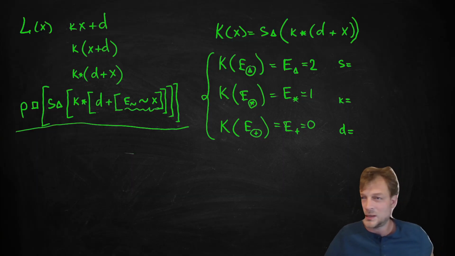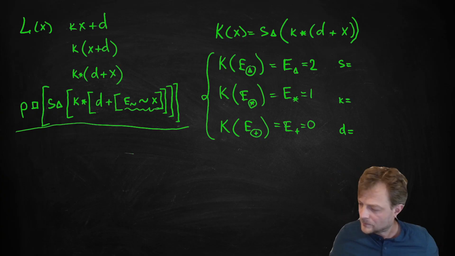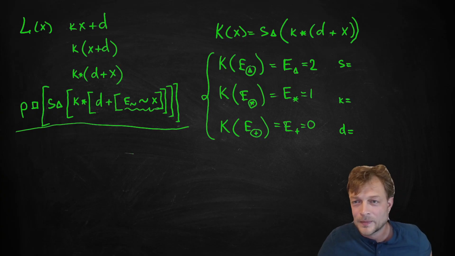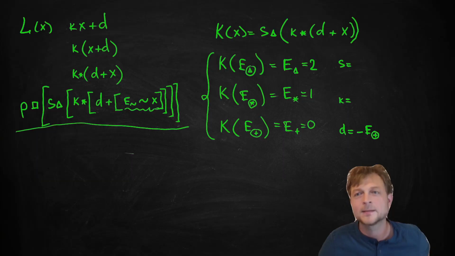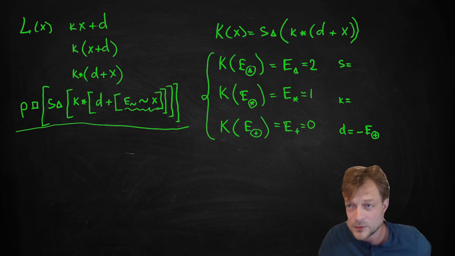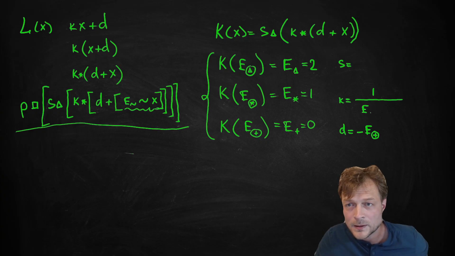So D will be equal to minus e plus. Okay, K will be equal to 1 over e star minus e plus.